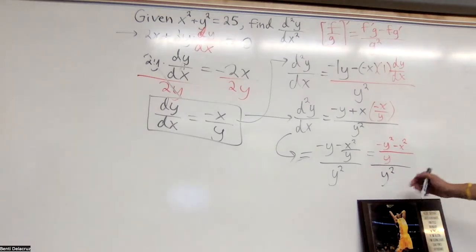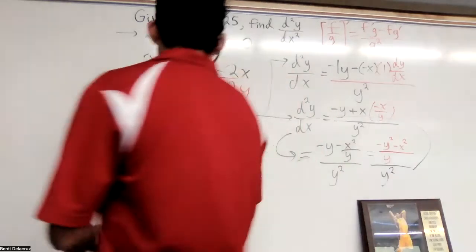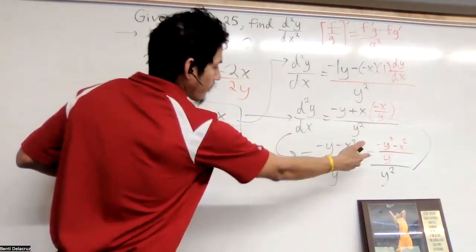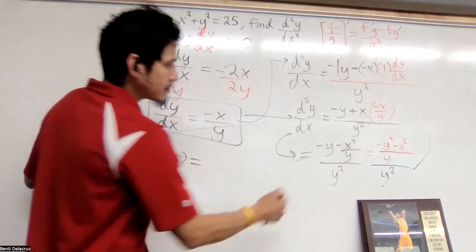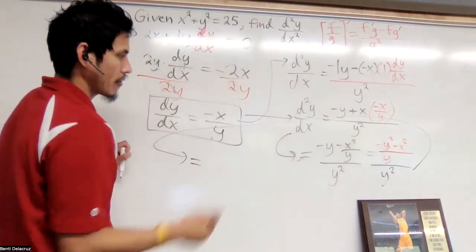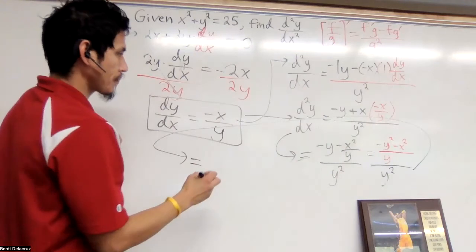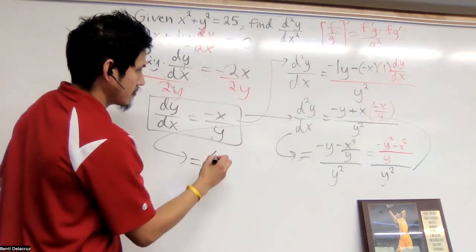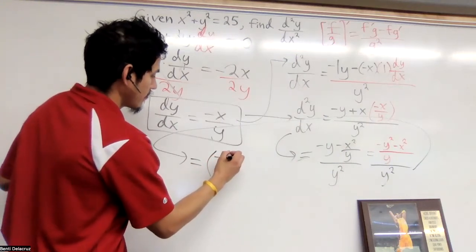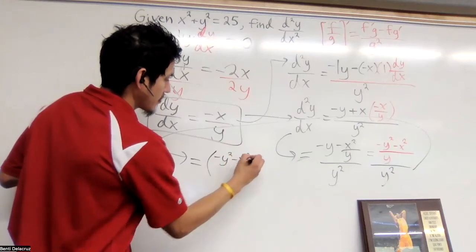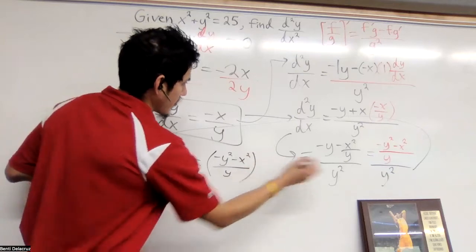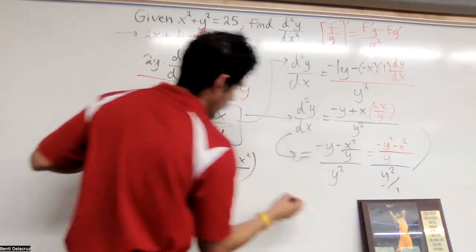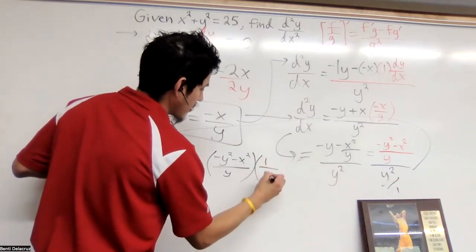And then from here, let's flip and use our fraction multiplication, multiplying by the reciprocal. So negative y squared minus x squared over y times, remember the bottom is the same as y squared over 1. So times 1 over y squared.